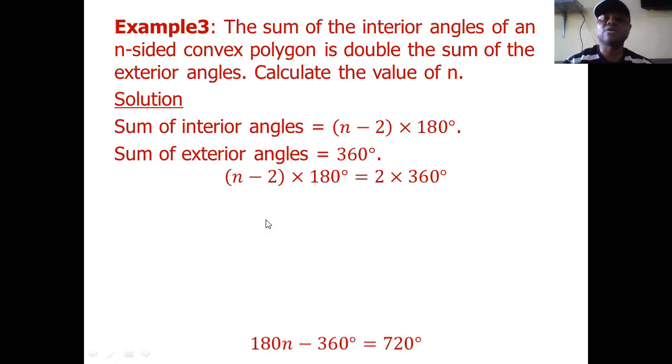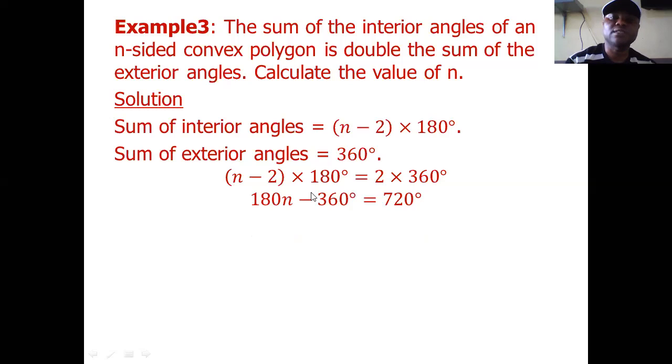So here you can now solve simple algebra by opening the bracket, and 2 times 360 degrees will give you 720 degrees. Then you collect like terms: 180n equals 720 degrees plus 360 degrees. Minus 360 crosses the equal sign and becomes plus.